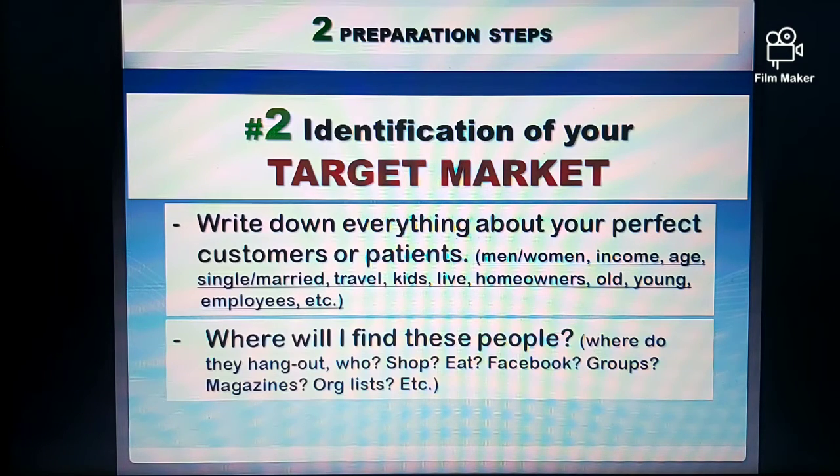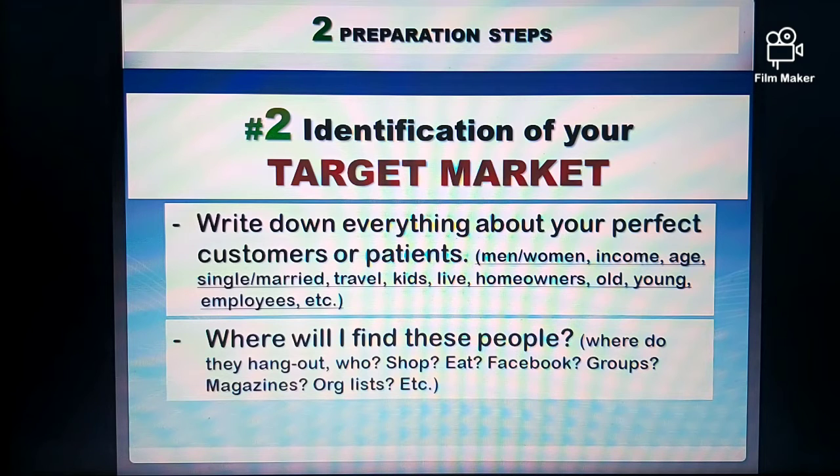Okay, so number two in the target market identification is where will you find all of these people. That is one of the common problems of clinics and other businesses: where do they get all of this? They pay for leads, or they subscribe to a lead generation company.